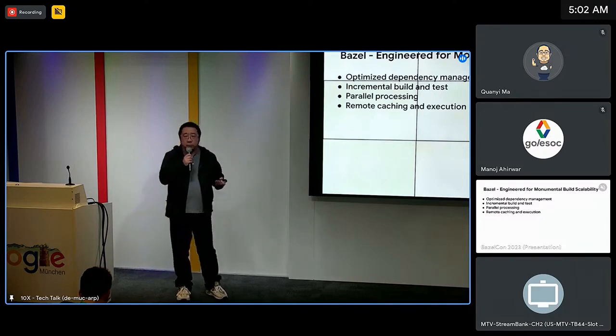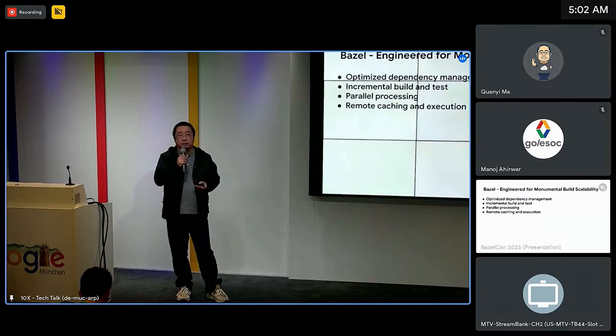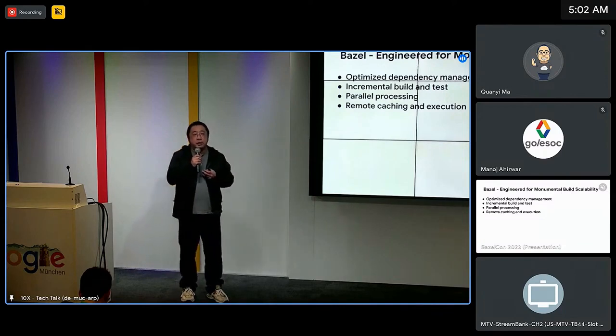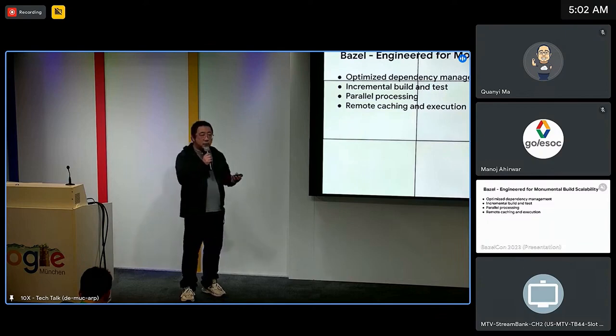Those are the key features, but why is all this necessary? Bazel is engineered for monumental build scalability. For a small project, tools like GitHub Actions or Jenkins are sufficient. When we talk about large scale builds, we usually refer to extensive applications and microservices.